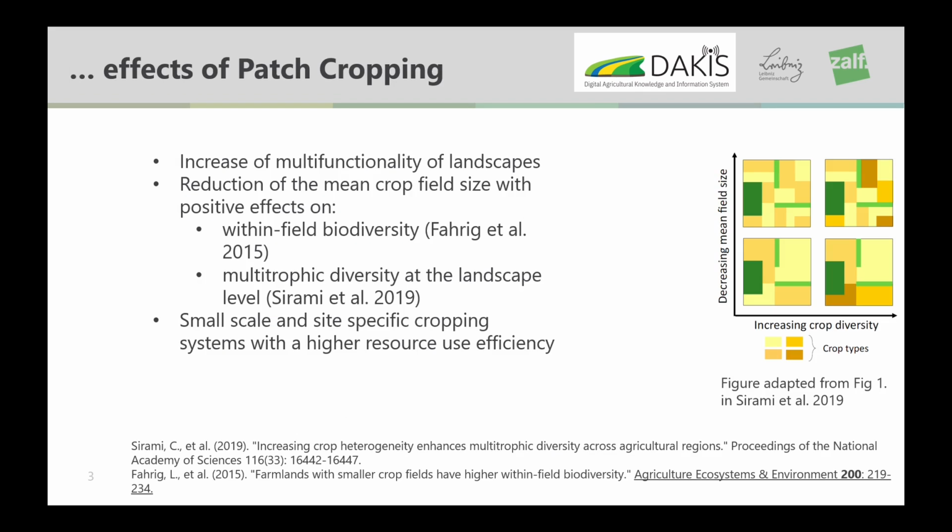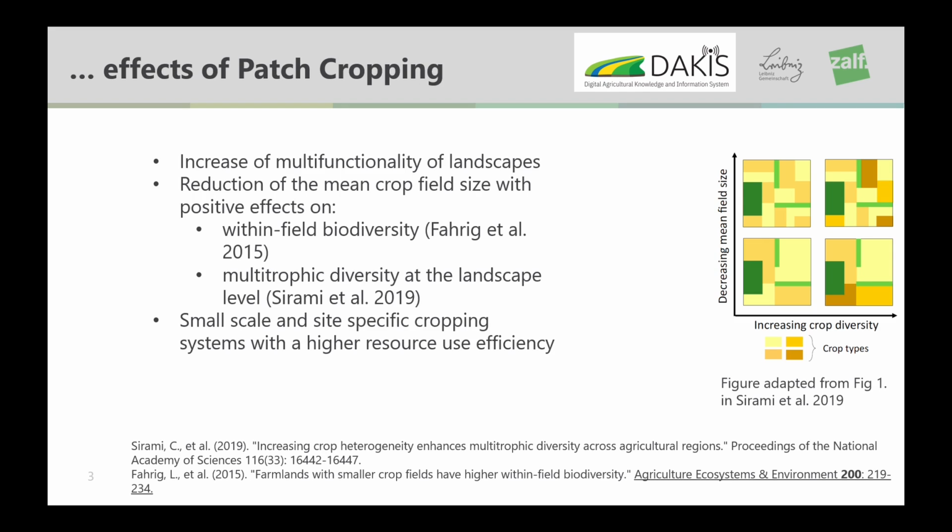The redesign of the fields based on this concept results in the change of the field size and shapes. The effects of field sizes have long been studied in the areas of basic ecology and applied ecology, and because of their effects on biodiversity, new concepts of agricultural landscape design have been requested.